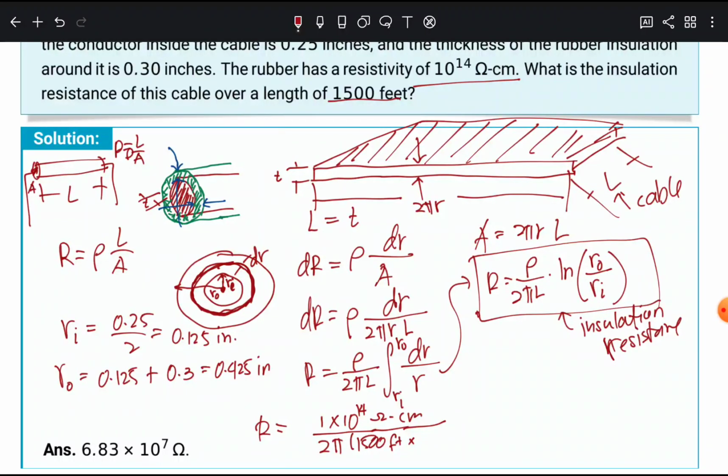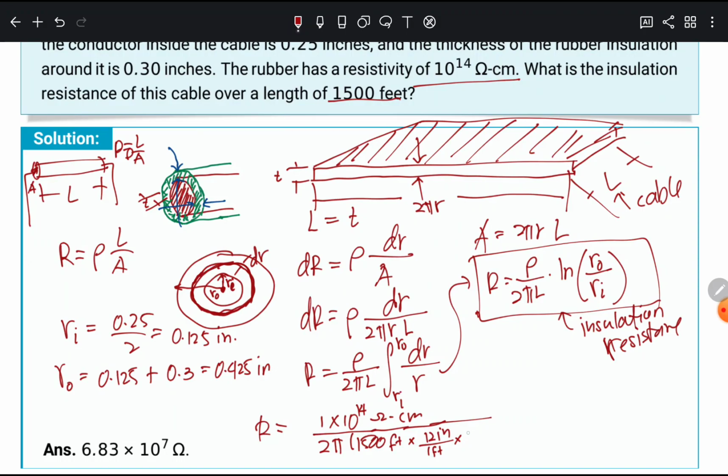We can just multiply that by 12 and that will become inches. So 12 inches for 1 foot.